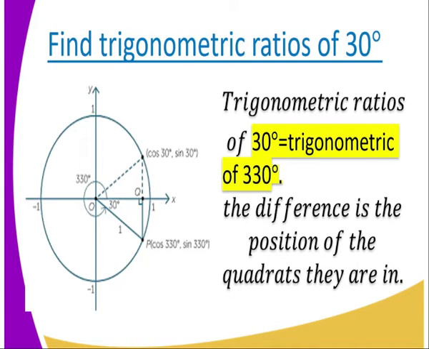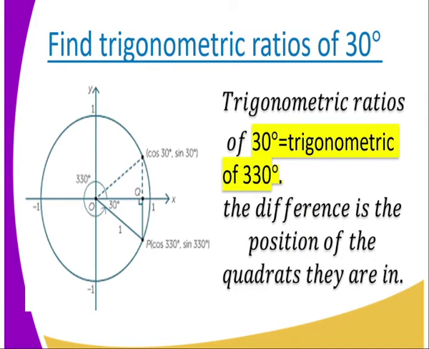That is the reason why we say that the trigonometric ratios of negative 30 degrees and 30 degrees differ by the positioning of the quadrant. For example, when it is positive, it will fall in the first quadrant, while when it is negative, it is in the fourth quadrant.